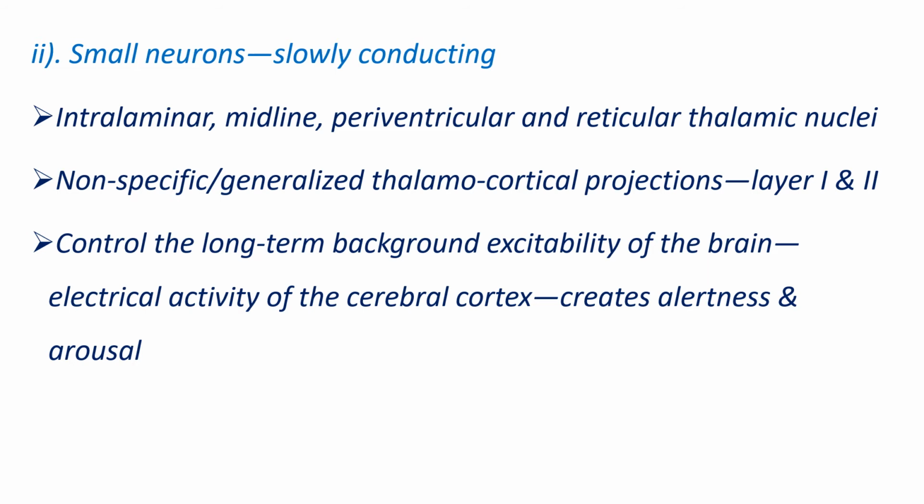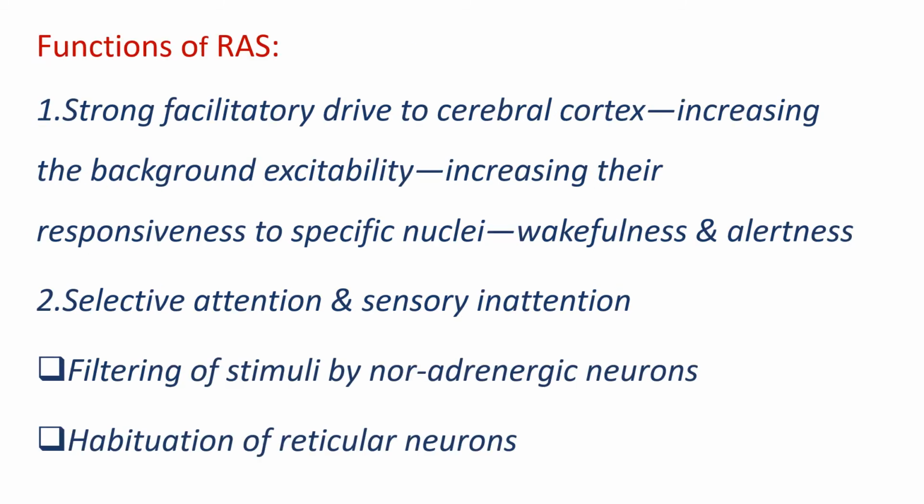So continuously the impulses going up via the ascending tracts keep on stimulating the reticular formation, and the impulses coming from above going down to the spinal cord keep them in an active tonic state. In this way, the cerebral cortex is kept in an excited state.